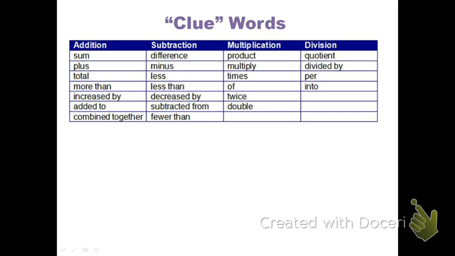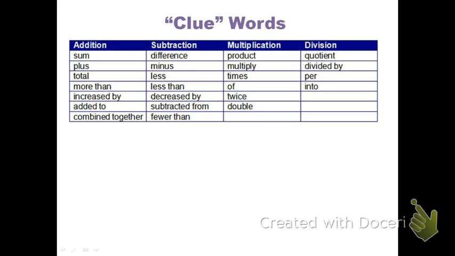When we write our algebraic expressions, we use this as an important tool in problem solving, to be able to set up an equation. And to do that, we've got to come up with an algebraic expression to represent what's going on in the problem. So these are some clue words, words that indicate maybe what operation to use. Under addition: sum, plus, total, more than, increased by, added to, combined together.